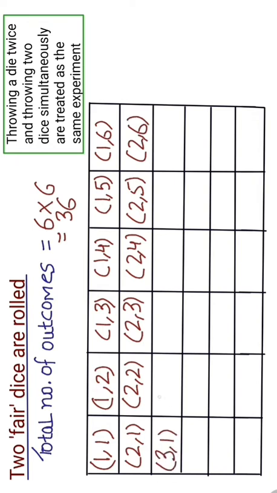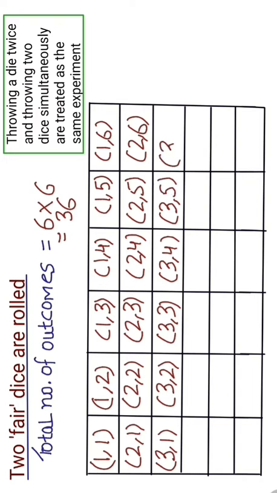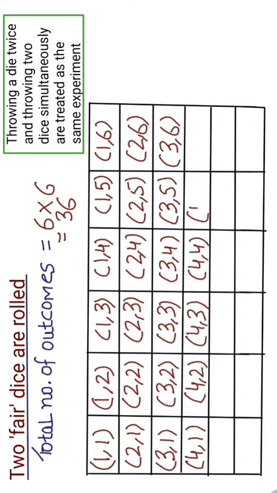3 comma 1, 3 comma 2, 3 comma 3, 3 comma 4, 3 comma 5, 3 comma 6. Similarly 4 comma 1, 4 comma 2, 4 comma 3, 4 comma 4, 4 comma 5 and 4 comma 6.